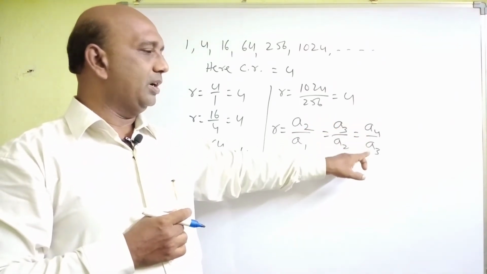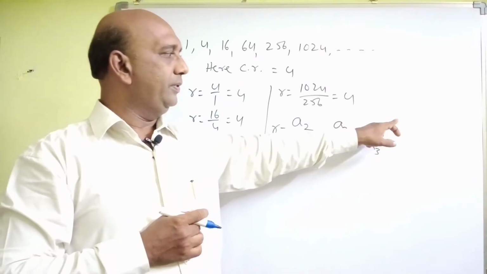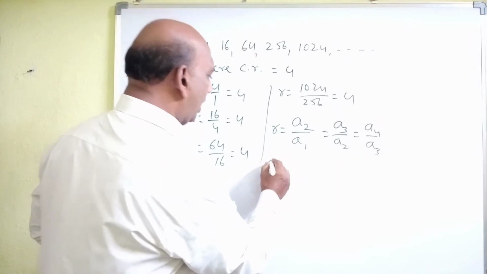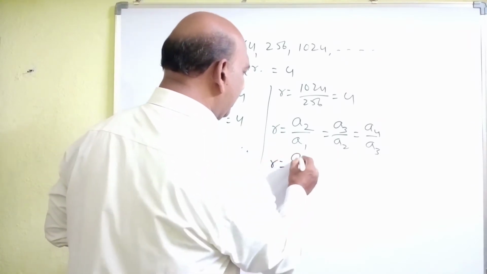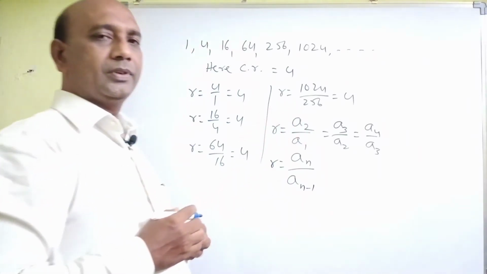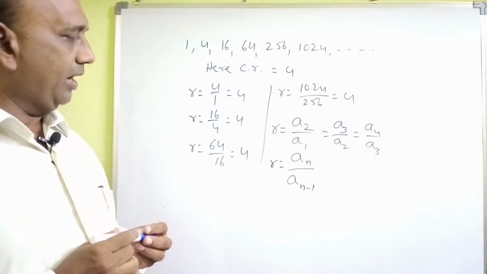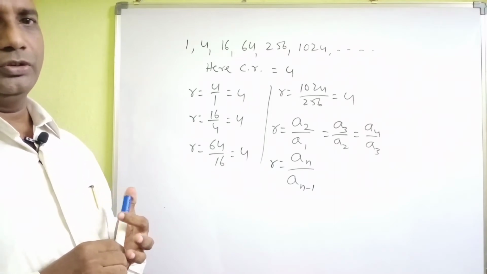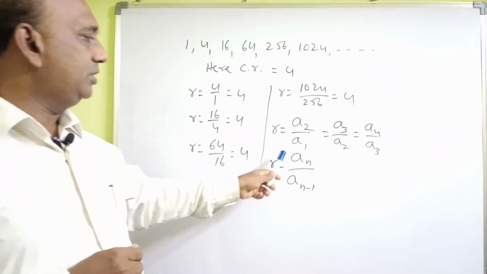Fourth term divided by 4 minus 1. Fifth term divided by a5 minus 1. Like that, r is equal to generally an by an minus 1. An by an minus 1 is the general form of common ratio. To find common ratio, this is the general form.